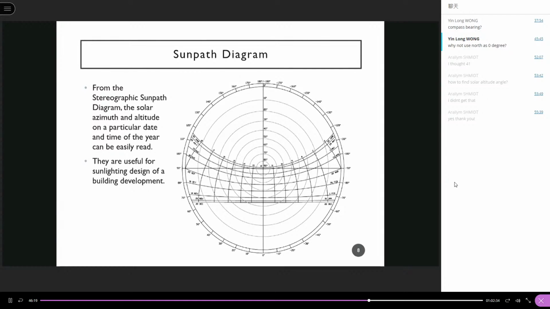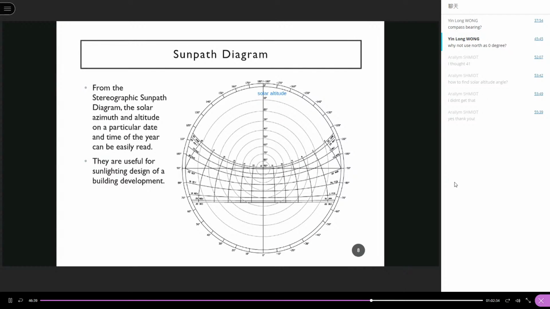Okay, and so as we mentioned, these angles are the solar altitude, and then along the compass direction, these are called the solar azimuth.